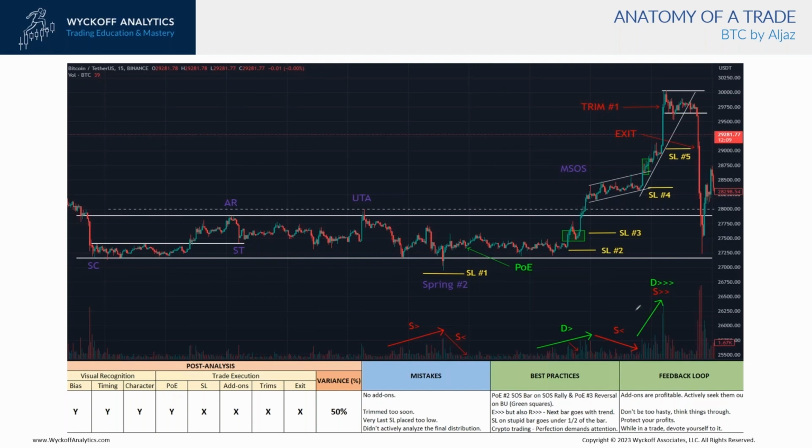Roman, back to you. There is a mistake here with no add-ons, and I would most definitely think this way as well. I see this with students and myself. Years ago, when you come to the level where directionality definition seems easy, you follow the trade, and you advance in your trade execution, you become a better trader.